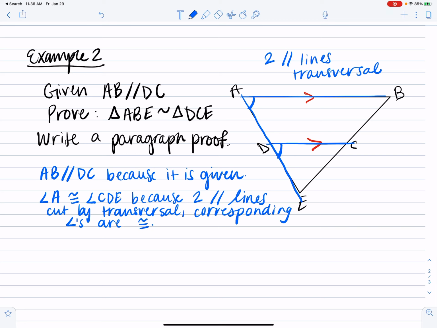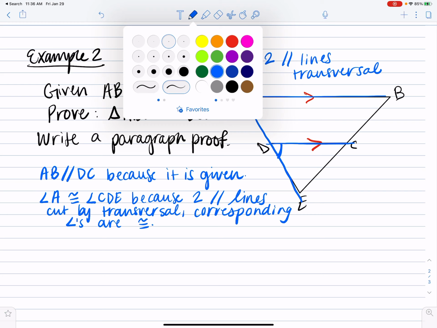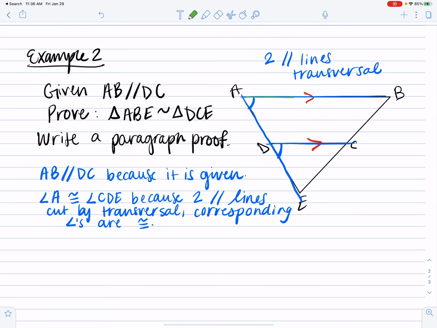Okay, great. And then we can do that again. Sorry, I'm doing the coloring over my picture over and over, but let's do green. If I have parallel lines cut by this transversal over here, don't worry about the other transversal, then this angle is corresponding with this angle down here.